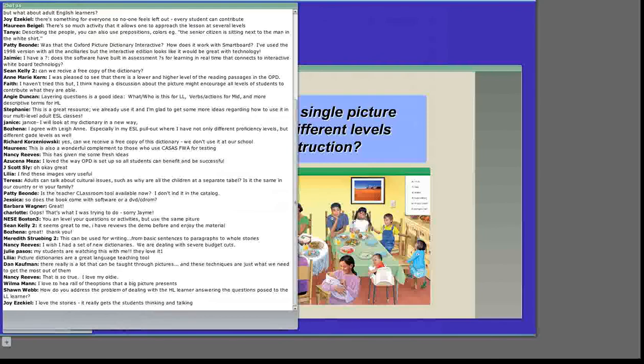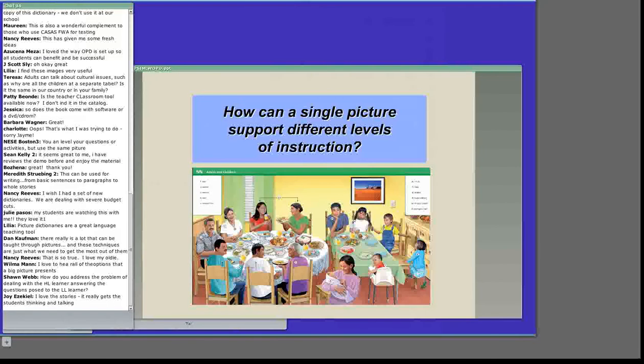So let's talk about how can learners work effectively in synchronous same level groups.